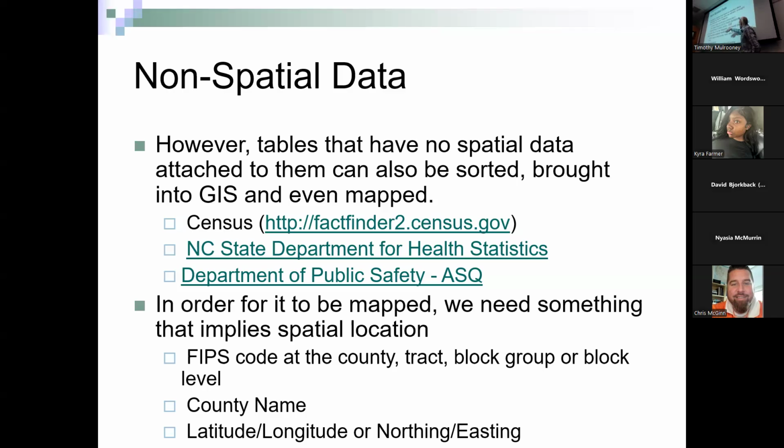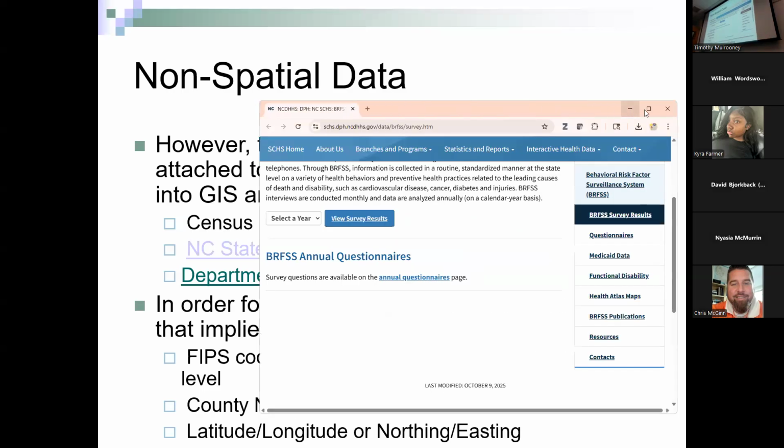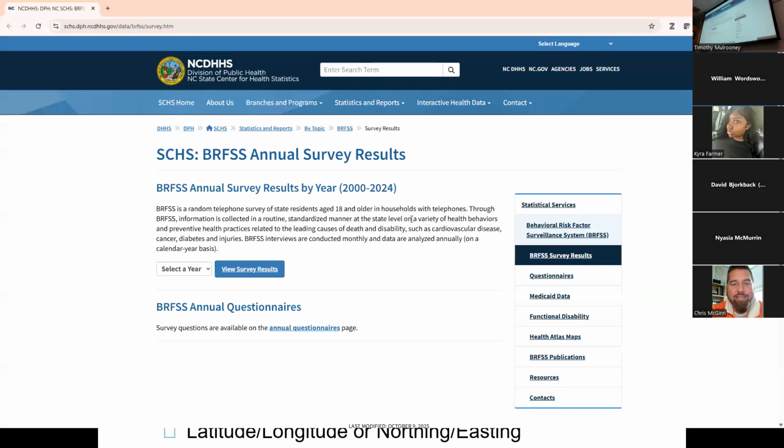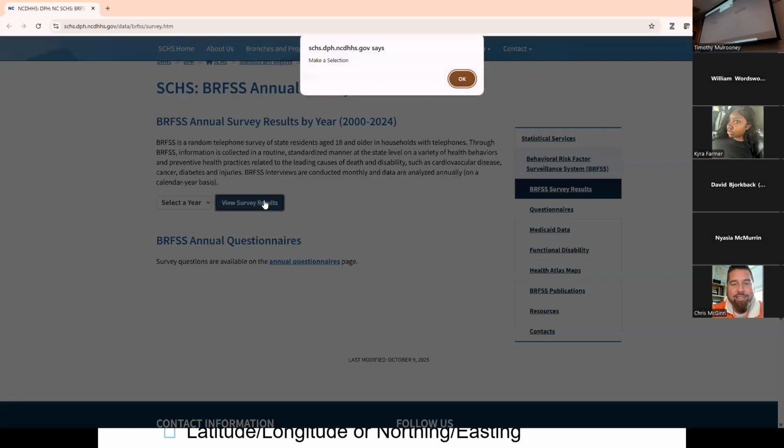Okay. We have the North Carolina Department for Health Statistics. I can click on this thing right here. And we've got Department for Health Statistics. I'm going to move it over to here. So we can look at BRFSS, Behavioral Risk Factor Surveillance System, questionnaires, survey results.